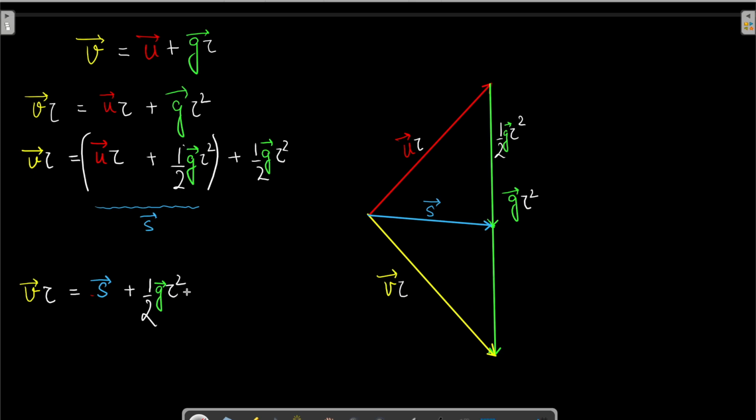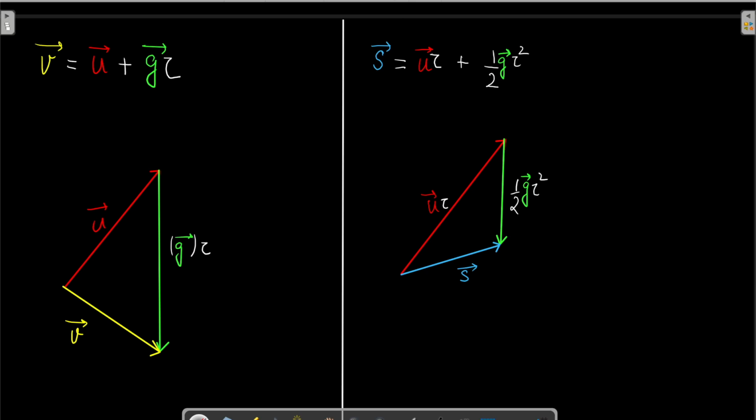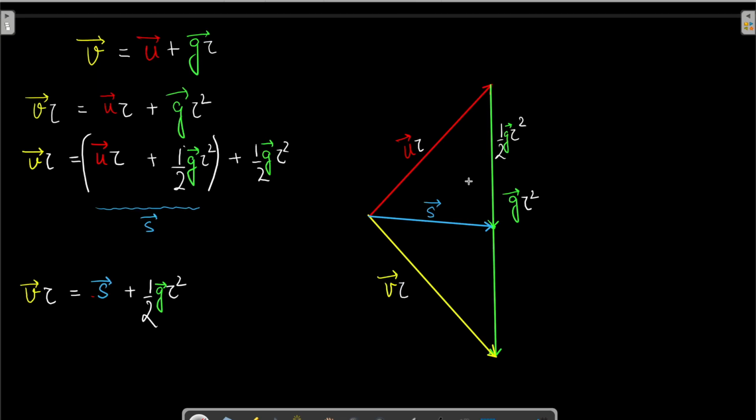What's good is that we get the combination of both triangles we saw on this page. See, all the colored vectors we have: the red one, the initial velocity vector; the green one, gravity vector; the blue one, displacement vector; and this yellow vector also, all scaled.